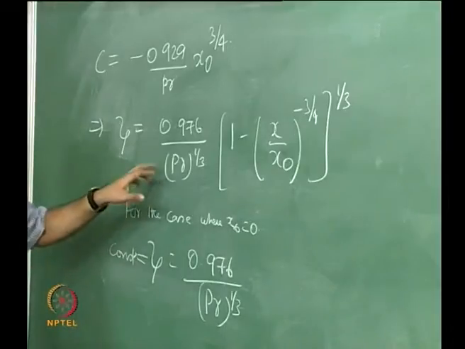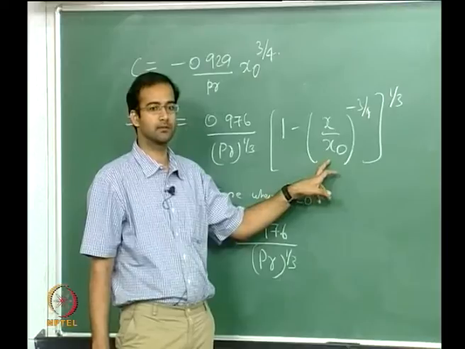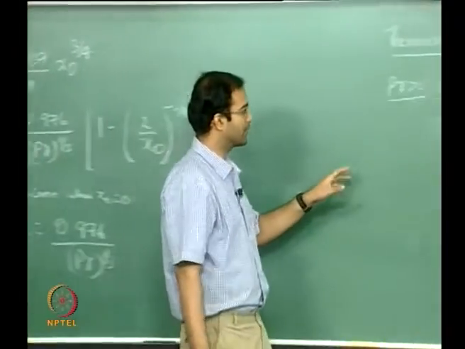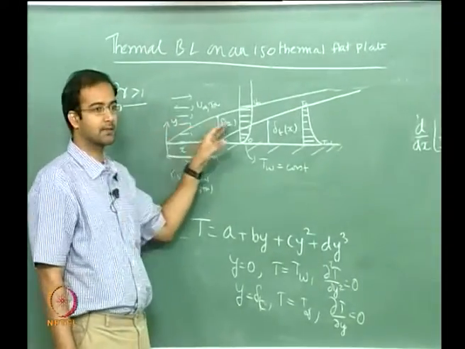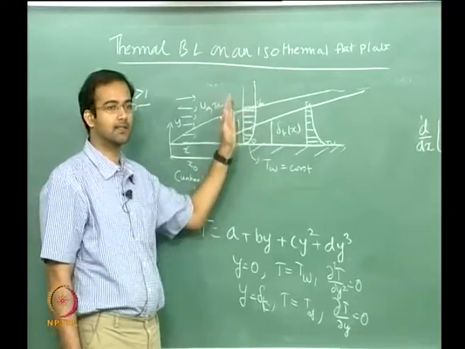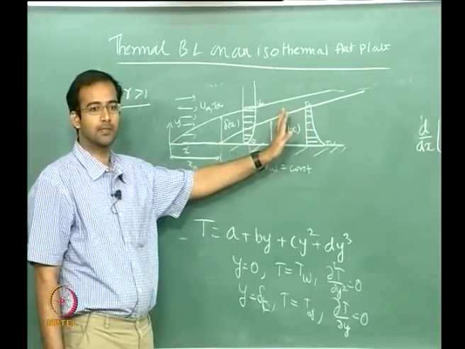If you have an unheated length, you can see zeta is also a function of the position. Correct? Makes sense, right? Because if you heat it right from the beginning, both the boundary layers grow according to the Prandtl number, and at any axial location, the ratio of the boundary layer thicknesses will be such that it is a constant.